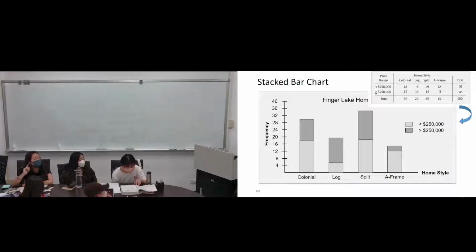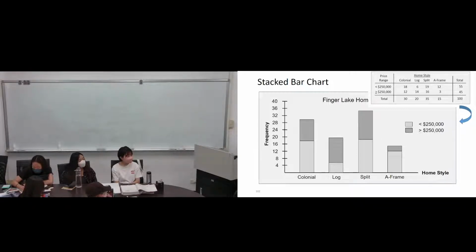For the log, out of 100 customers, 20 of them purchased log. For the 20 log homes, 6 of them are priced below $250,000, and 14 of them are priced above $250,000.